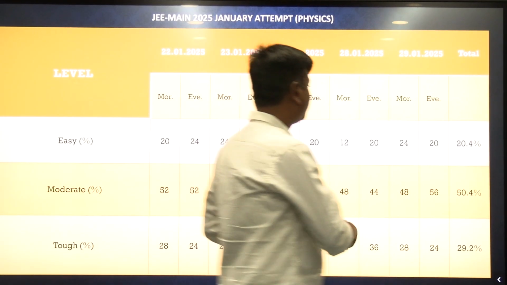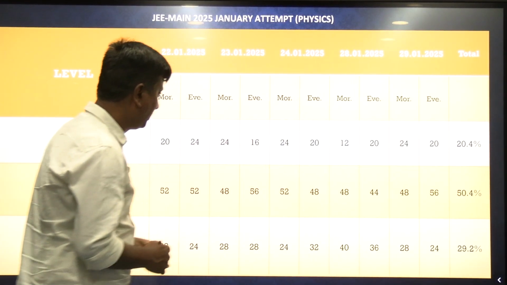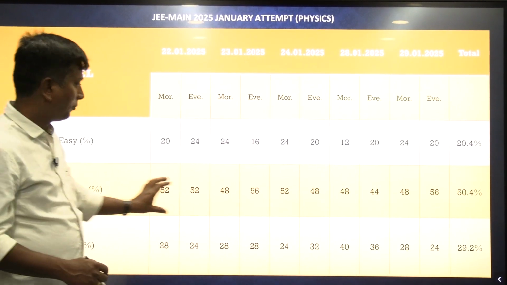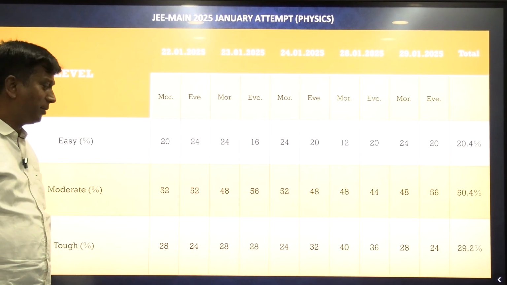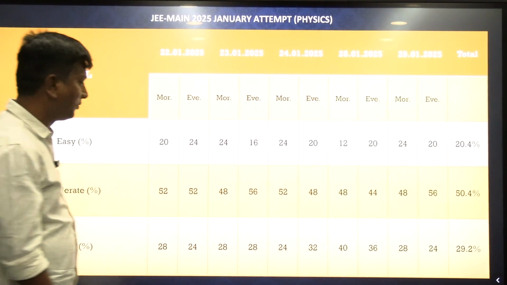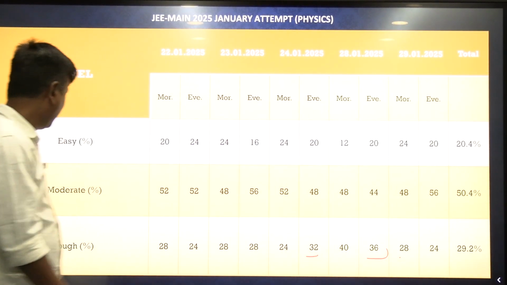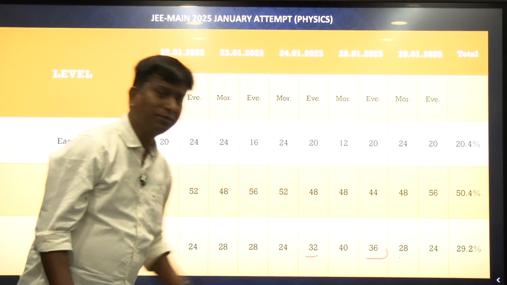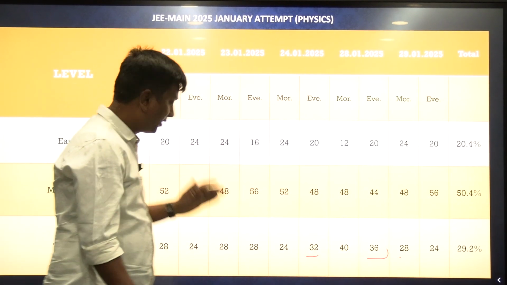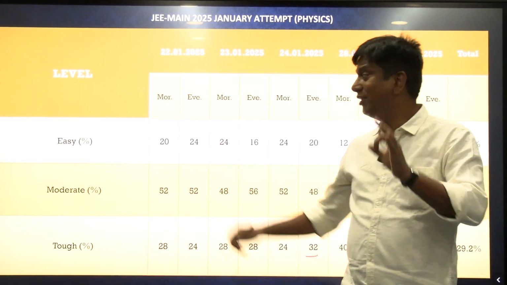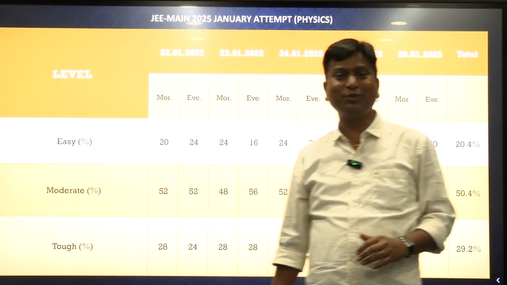Whatever may be the shift, most of the time you have 50% moderate. Okay, 50% is moderate, and in some shifts like here and here, a little bit tougher side also, okay, in some sessions. Apart from that, if you compare these two, 70 or 75% is always between easy and moderate, only physics.